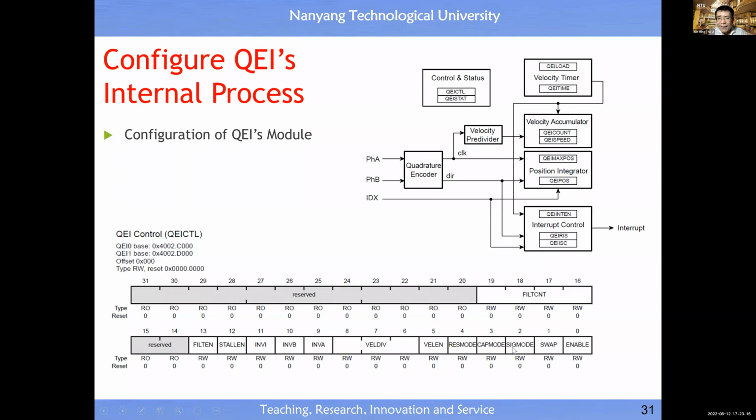This determines the direction of rotation, the sign, positive or negative, using signal A and signal B. You can also swap the meaning of signal A and signal B, and enable the interface with the digital sensor. Another option enables the built-in hardware to filter signal A and signal B. If your machine is working in a noisy environment, there may be some noise, so you can enable the built-in noise filter.